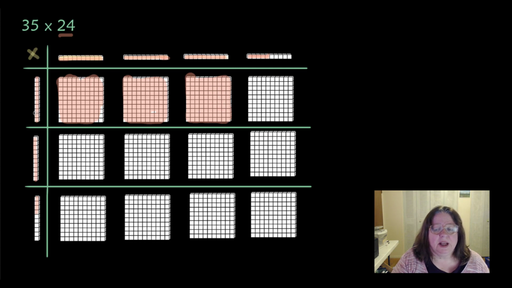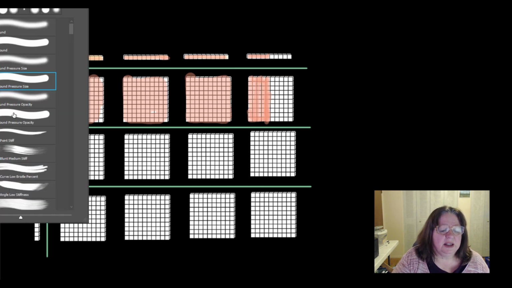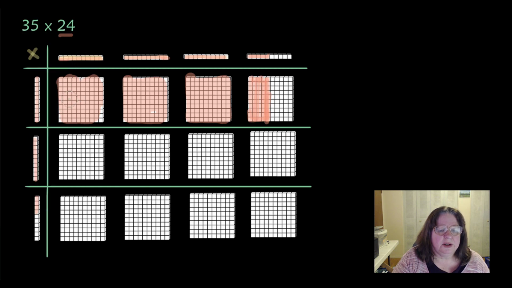5 times 10, I'm going to see where my 5 is, and I'm just going to stretch it down so that I'm actually shading in 50. 5 columns, 10 in each column. I'm going to switch to a larger size again to make it a little bit faster. 10 times 10 is 100.